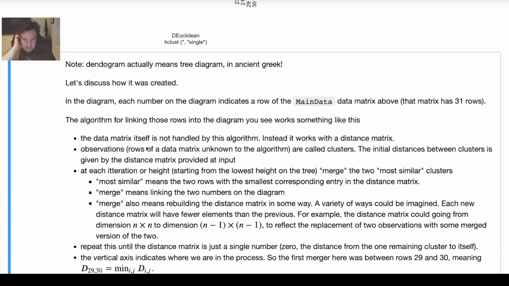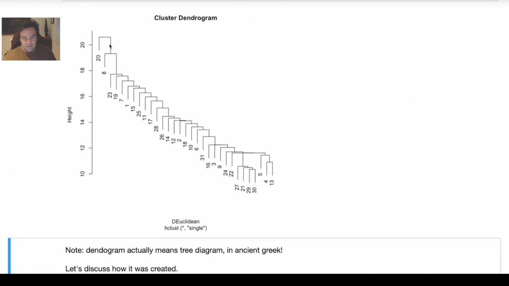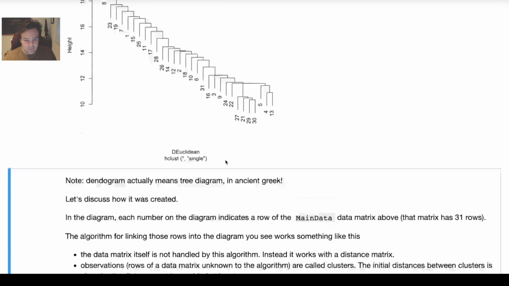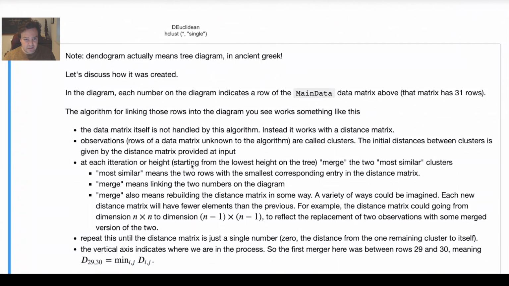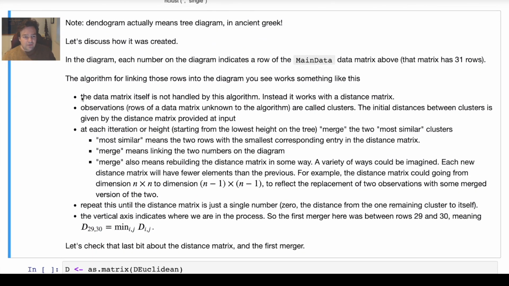And what's happening here is that they are all getting merged together. There's some kind of path by which you link up all these different things. And we'll talk about how those choices are made and what those links actually mean. Okay, so now again, the algorithm does not actually have the data matrix, right?